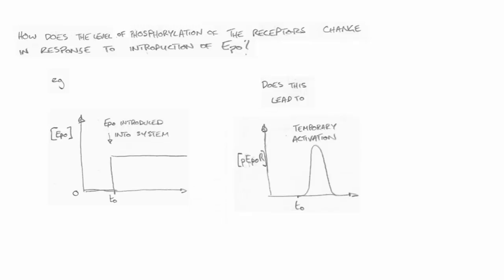Or is there some process by which there's just a temporary activation of that signal, and after a short while the phosphorylation is lost and the processes initiated by EPO being present end? Or is it some sort of oscillatory activation? So there's different kinds of behavior possible, and we want to find out what the behavior is and then build a model for it.